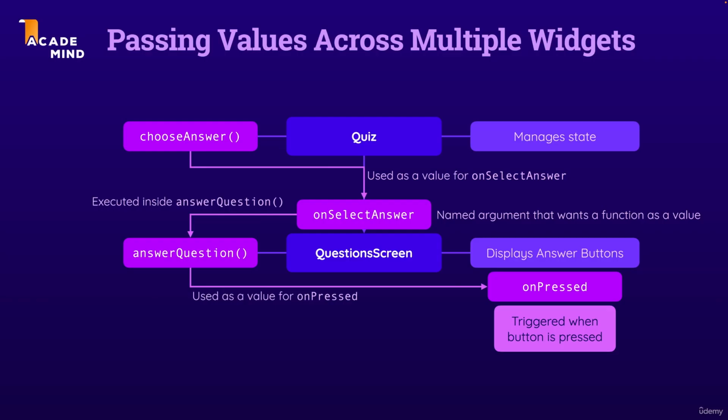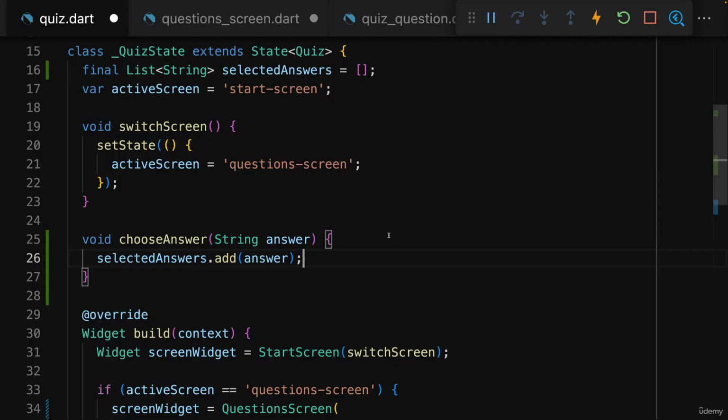Now this combination of widget and chain of function calls can be confusing at first, but in the end we're just passing functions as values around, ensuring that we're executing the right function in the right place, and we can still pass data between those different levels of widgets. And with that, with every question that we answer, we'll add a new answer to this selectedAnswers list here.